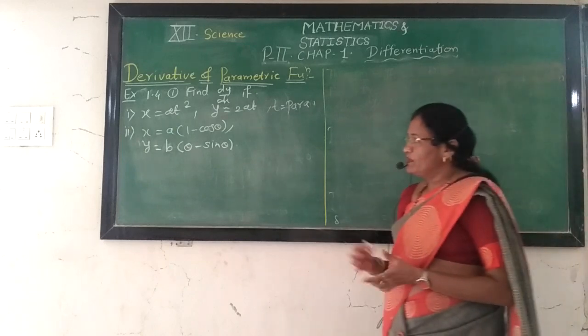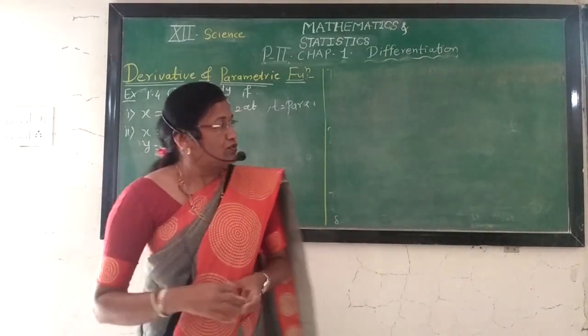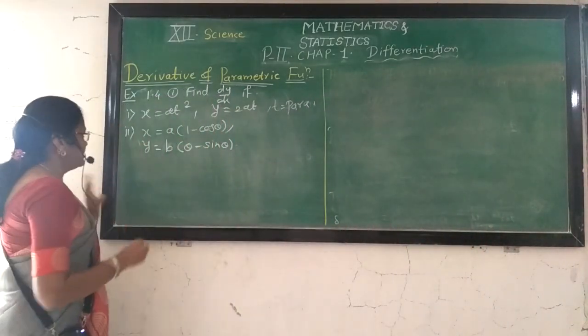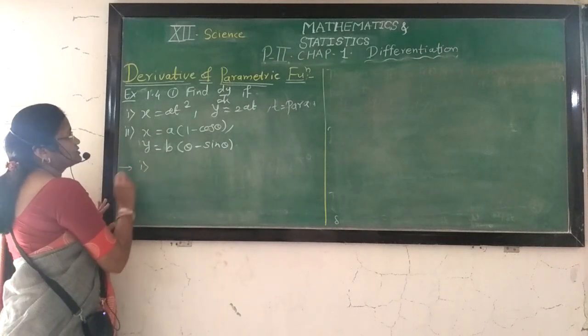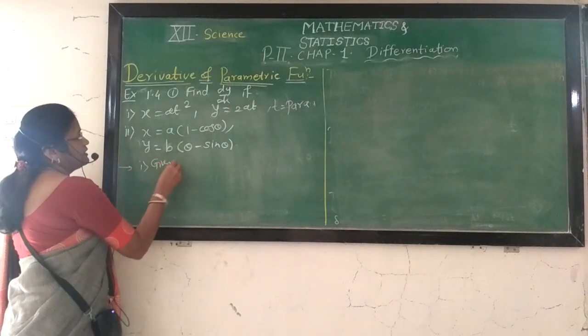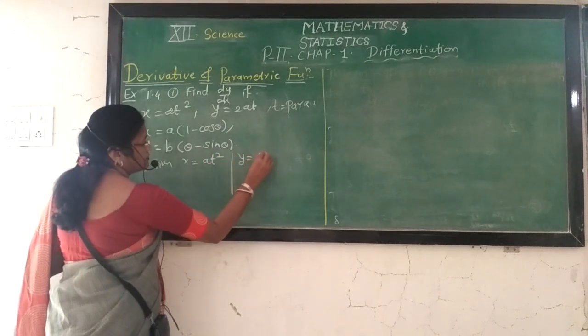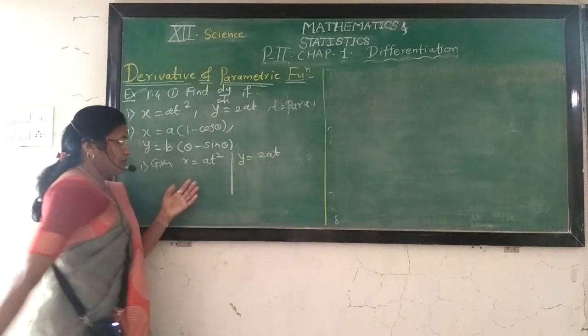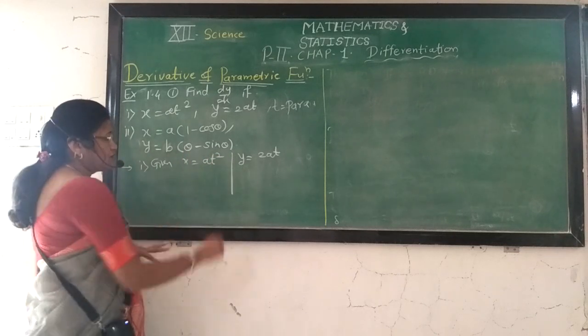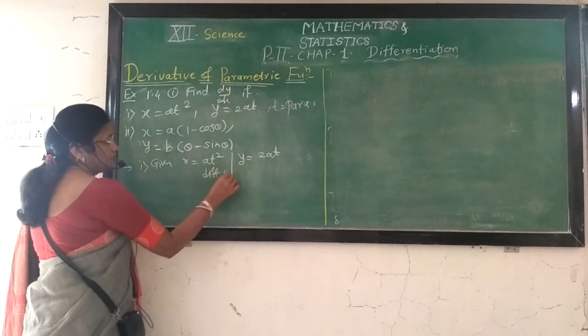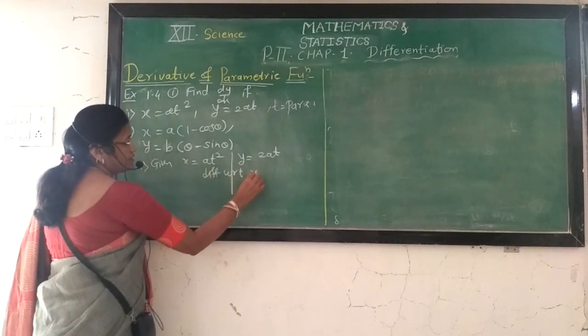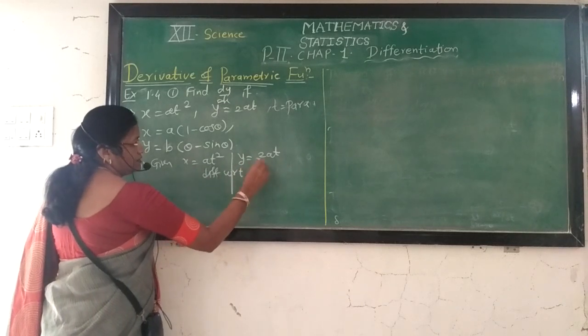Again, a and b are constants. So in order to find dy by dx, we take the first question: given x is equal to a t square and y is equal to 2 a t.